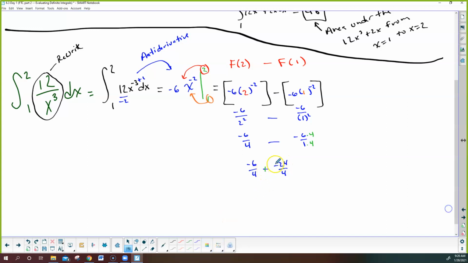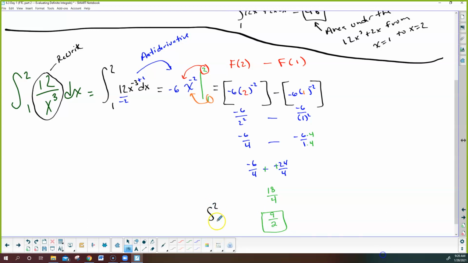Well, that's going to turn into addition. So negative 6 plus 24 is 18, all over 4. And then divide those by 2. And the area underneath the curve is 9/2.